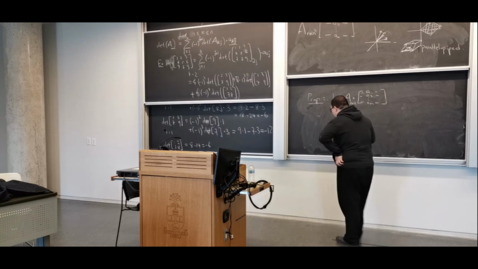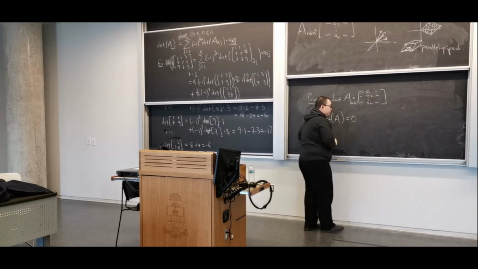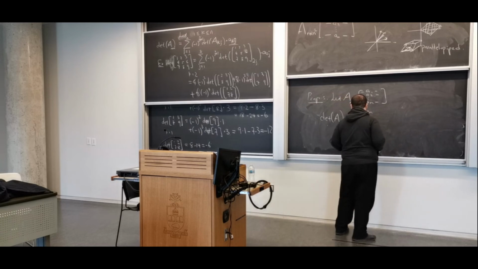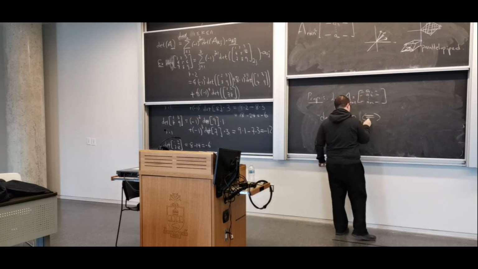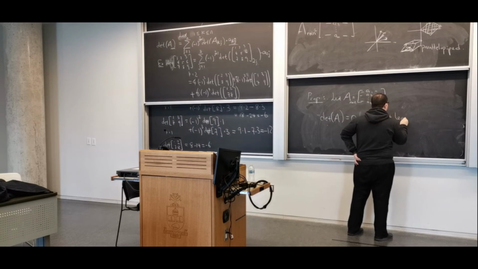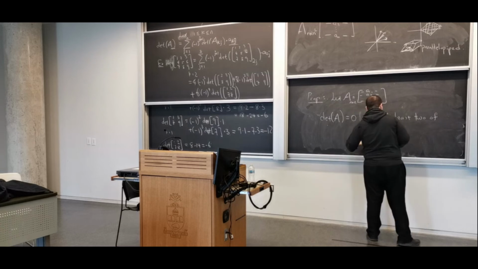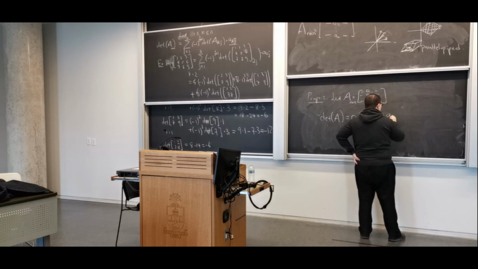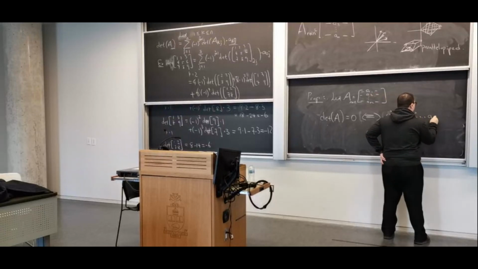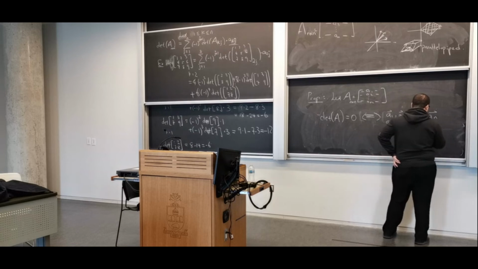Why is it true that the determinant of A equals 0 if and only if at least 2 of A1, A2, A3, ..., AN are linearly dependent?